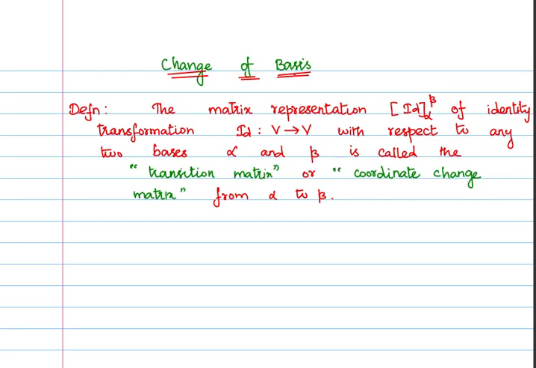Okay, what I think, so they are telling that ID alpha beta is one matrix, correct? It's a matrix representation of the identity transformation they have given. So what is alpha? Alpha is one basis of V and beta is another basis of V. Suppose I take alpha equal to one basis, we call it U1, U2, up to Un.